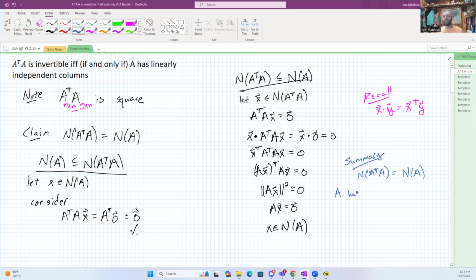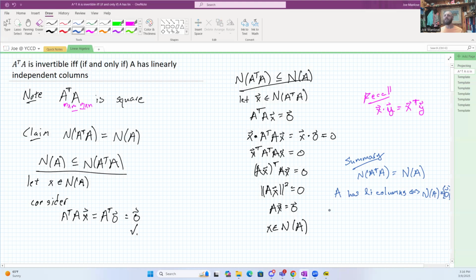A has linearly independent columns is equivalent to the null space of A being just the zero vector.